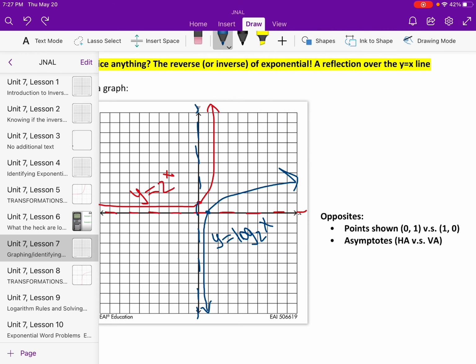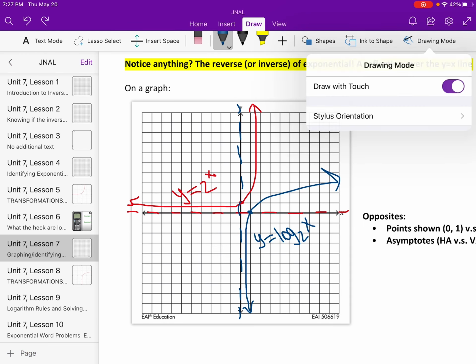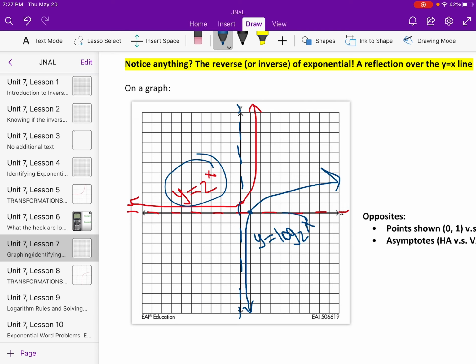So we can see the red is our exponential function that we already have talked about in this unit, and this is the logarithm. And we can see that they do look the same. And if you were to fold this along the y equals x line, imagine folding this piece of paper in half, they would land on each other. So that's what we're trying to get at here.